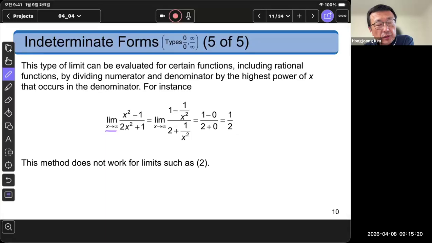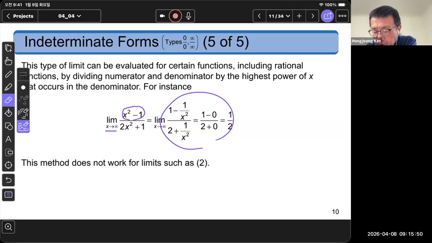Then the numerator diverges to plus infinity, and the denominator also diverges to plus infinity, so I can apply L'Hopital's rule, which means I can differentiate the numerator and denominator and consider the same limit. This is the case without using L'Hopital's rule first, but as I said, I can apply L'Hopital's rule directly.